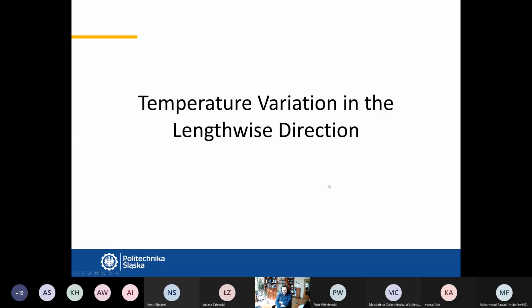Okay, and now let's move further to the next topic, which is a variation in temperature now, because previously each case calculated, it was assumed that the temperature is uniform in the body. So we increased or decreased the temperature, but uniformly.